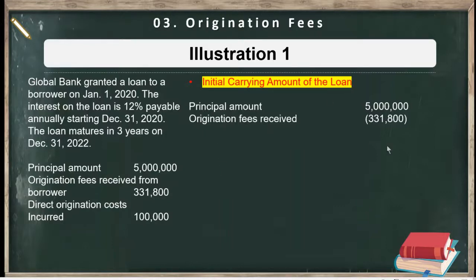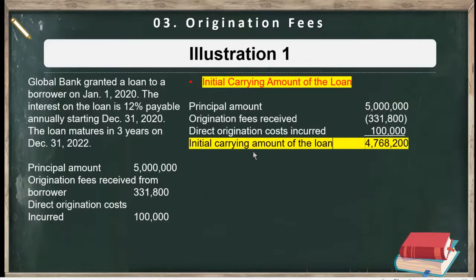So that's why this is a deduction, because it will reduce the cost of our loan, which is the direct origination costs incurred. So it is offset, meaning they are subtracted from each other. So the initial carrying amount of the loan would be 4,768,200.